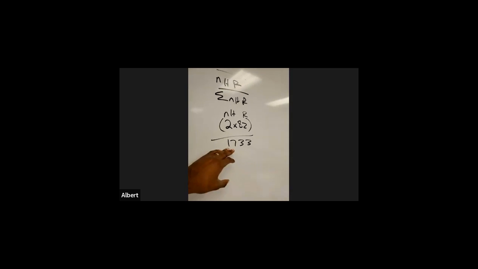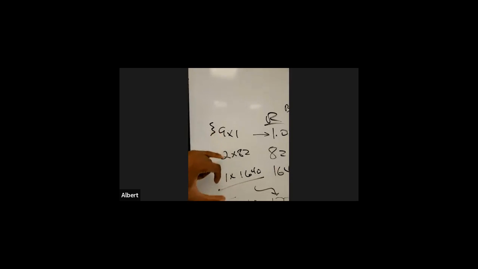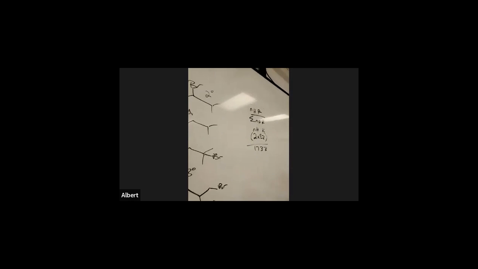And the way you calculate the sum is to know the reactivity factor values, which are given in the table, as well as the number of each type of proton. So I got 9, 164, which is 173.